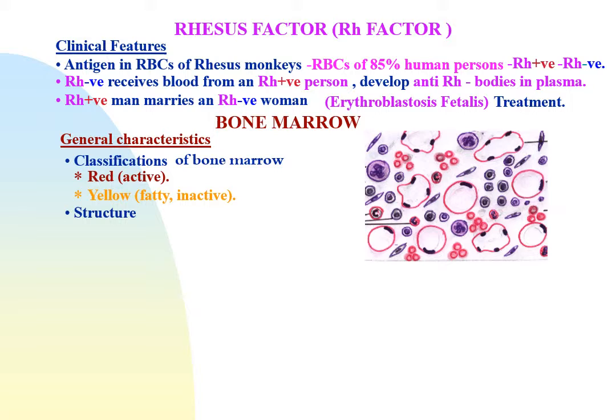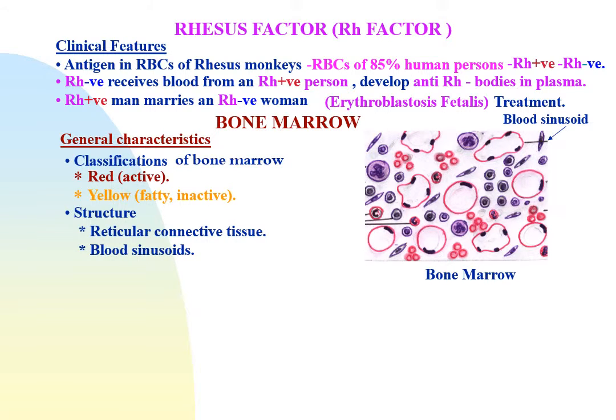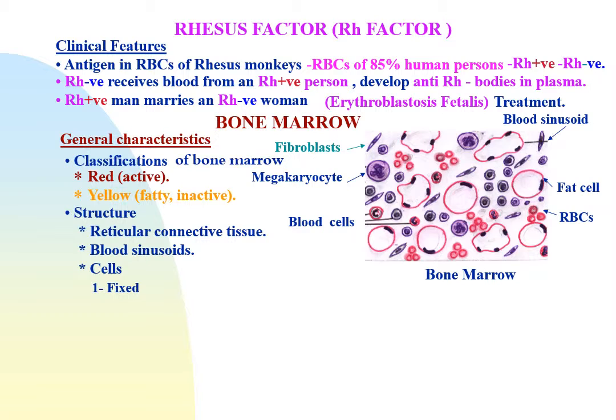It is yellow due to its high content of fat cells. Structure of bone marrow. It consists of stroma of reticular connective tissue, blood sinusoids, and two types of cells, fixed and free cells. Fixed cells have no phagocytic powers and do not give rise to other hematopoietic cells. They contain both reticular cells with large pale nucleus and irregular branched cytoplasm and fibroblasts responsible for reticular fibers formation.